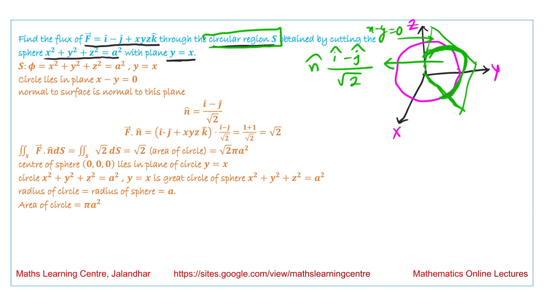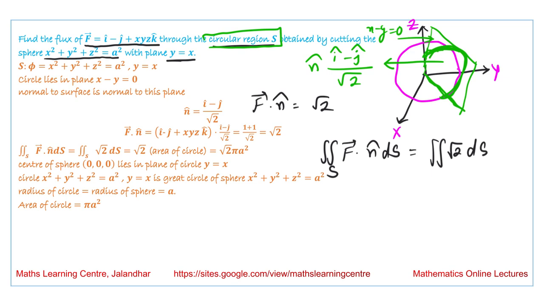Now if we calculate f vector dot n cap, the answer is square root of 2. Now we have to evaluate the double integral of f vector dot n cap ds over the surface S, that is equal to the double integral of square root of 2 ds over S. It is equal to square root 2 times the area of this circle.